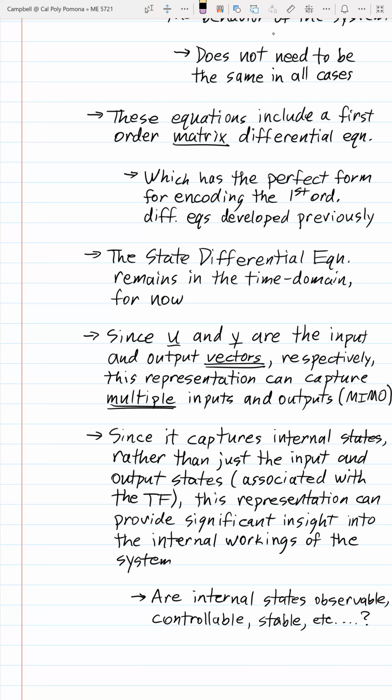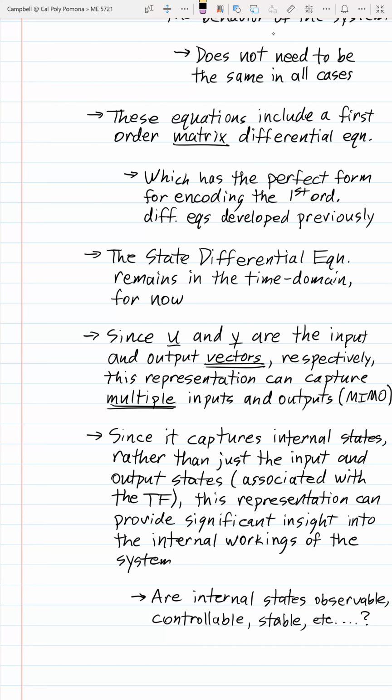So when we look at the transfer function, since we're not really looking at internal states, it is quite possible that we might have an internal state that is, in theory, going unstable, yet because of how the rest of the system is interacting with that particular state, it may look like we have a stable transfer function associated with a stable system between the input and the output, though we have some crazy things going on inside of there.